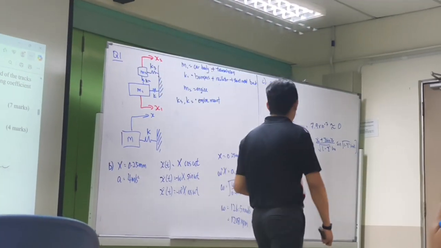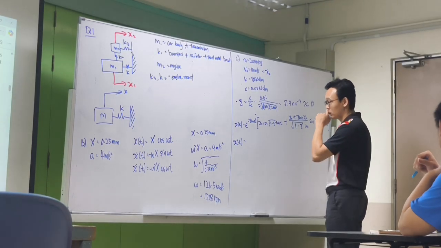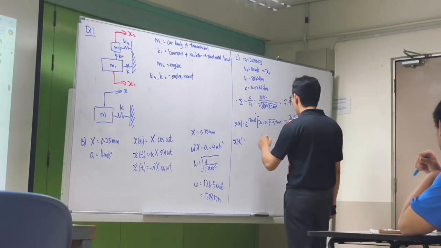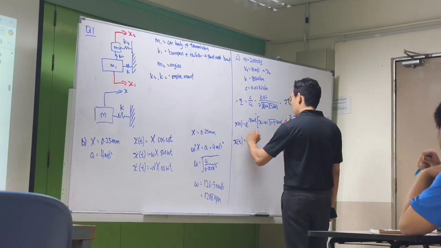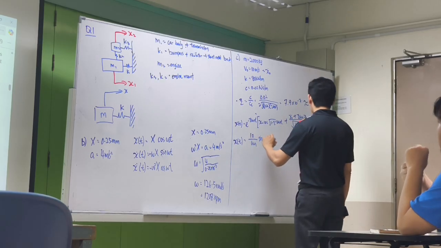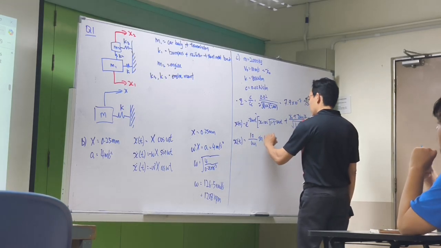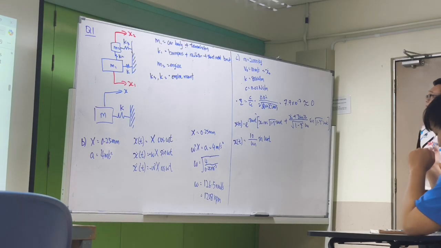Initial displacement equals 0, phi equals 0. So you can simplify. It becomes so simple. Then you find omega n.